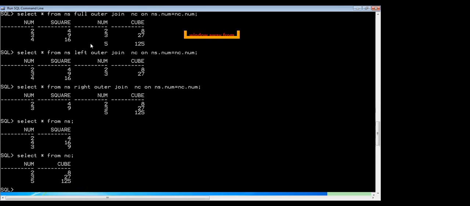Just observe left outer join. Left means all the tuples of the left table come, along with the related matching tuples. The unmatched tuples have null values. Observe, right outer join means all the right tuples are there, and the matching tuples of the left side are also present in the output. All the remaining unmatched tuples get null values.